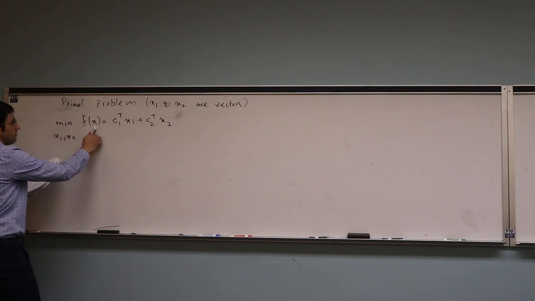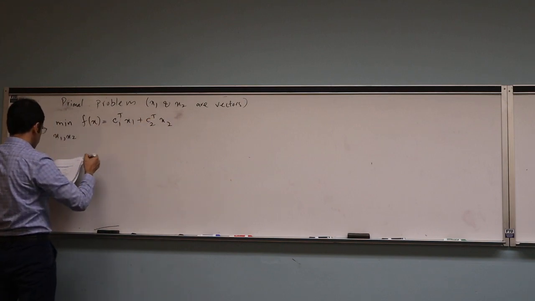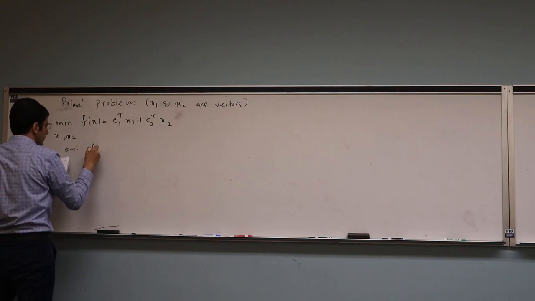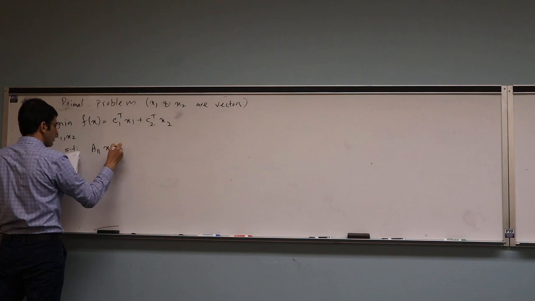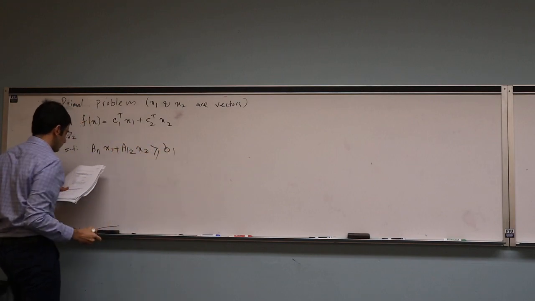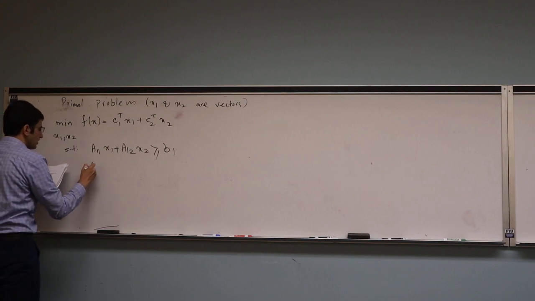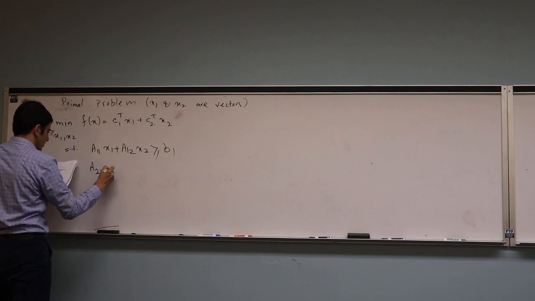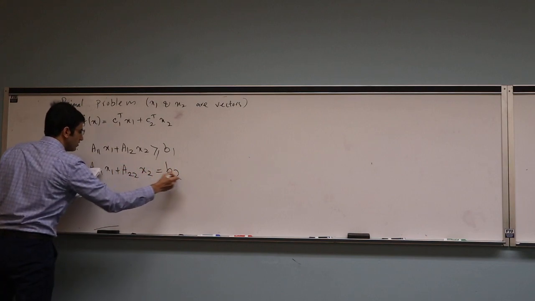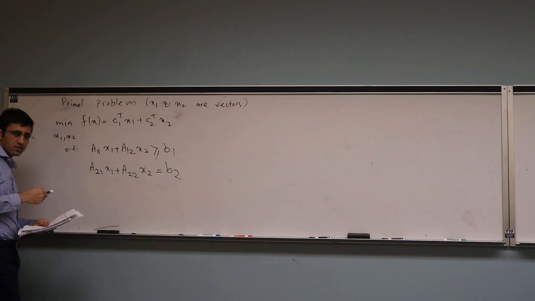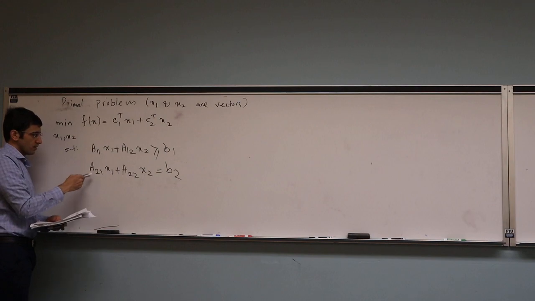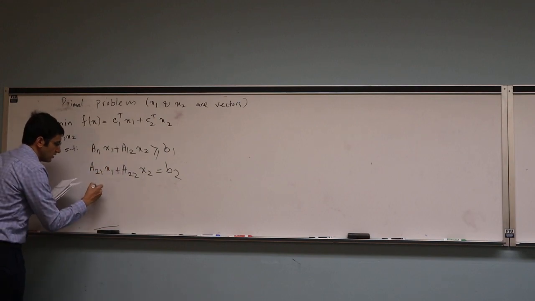So minimizing f of x, which is a function of x1 and x2, subject to the first set of constraints: a11 x1 plus a12 x2 greater than or equal to b1. The second constraint: a21 x1 plus a22 x2 is equal to b2. So one set of inequality constraints, so these are not only one constraint, A11 is a matrix, and a set of equality constraints.